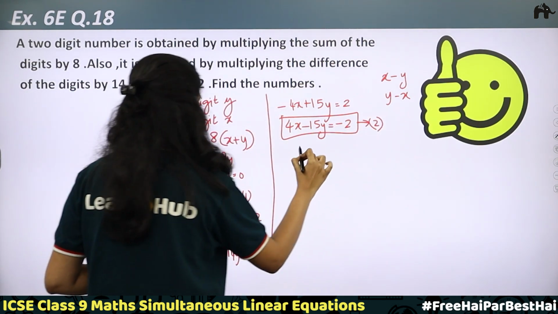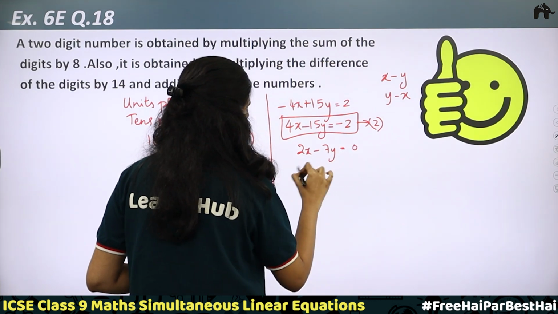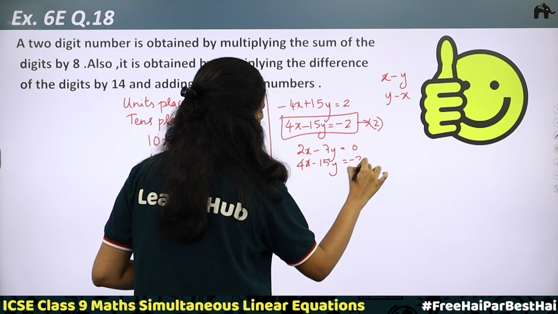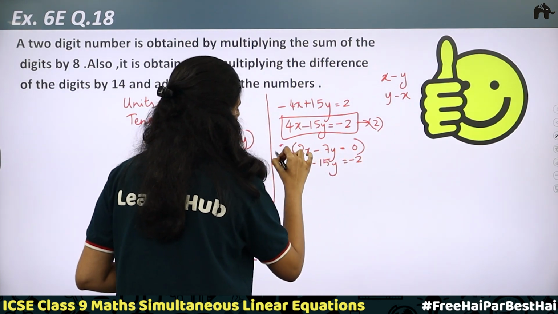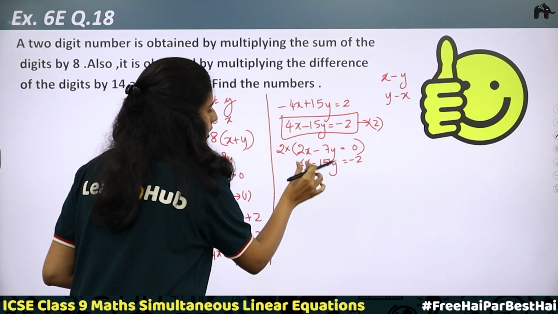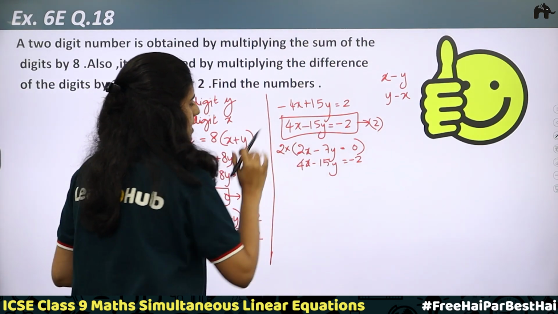Now we'll equate. First equation 2x minus 7y is equal to 0. Second equation 4x minus 15y is equal to minus 2. Now multiplying throughout the first equation with 2 so that you will be getting 4x in the x containing term of first equation and second equation.